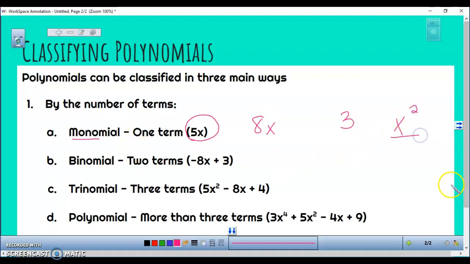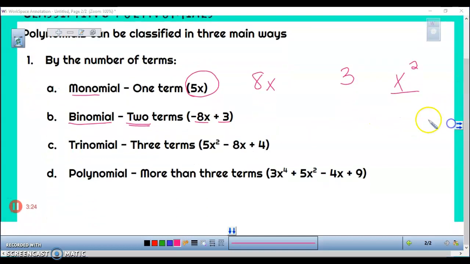That's one term. A binomial, okay, this is two terms, like a bicycle has two wheels. So -8x and 3 are the two terms. And we'll either be adding or subtracting these terms. A trinomial, like a tricycle, has 3 terms. 5x squared is one, -8x is another, and +4 is the third one.